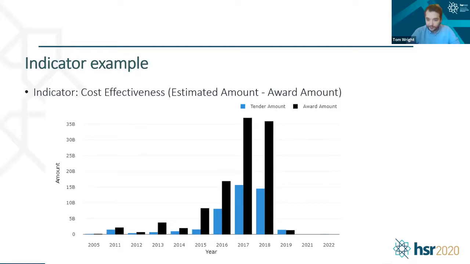So as you can see, this indicator is supposed to indicate the cost effectiveness of a particular element of the procurement system. In this case, the blue bars are representing the total tendered amount for procurements in health in the UK. So, sorry, I just need to zoom in a little bit. So in 2017, it was about 15 billion that the UK tendered for health procurements.